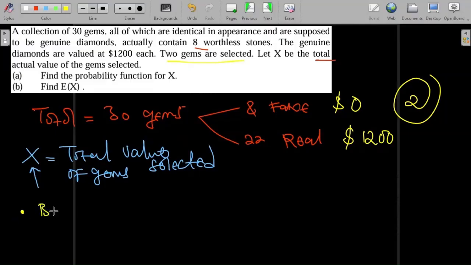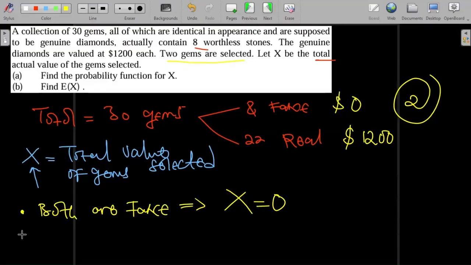If both gems that are selected are fake, then what will be the value of X? Remember X is the total value of the gems that are selected. So if both are fake, then for the first one, which is fake, we have $0. For the other one, we have $0. So 0 plus 0, it means my X there will just be 0.